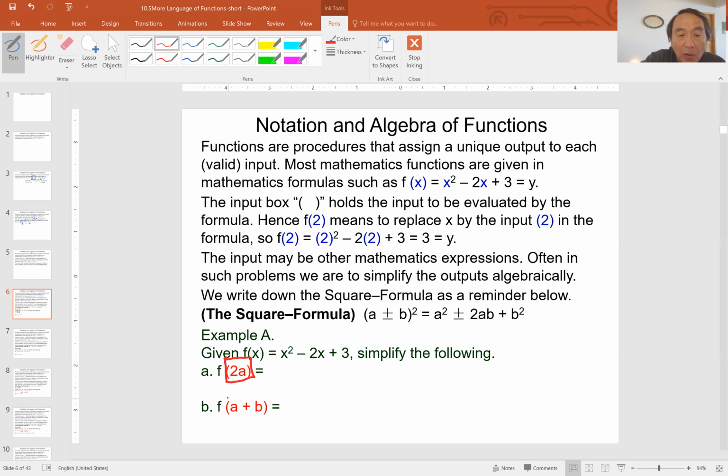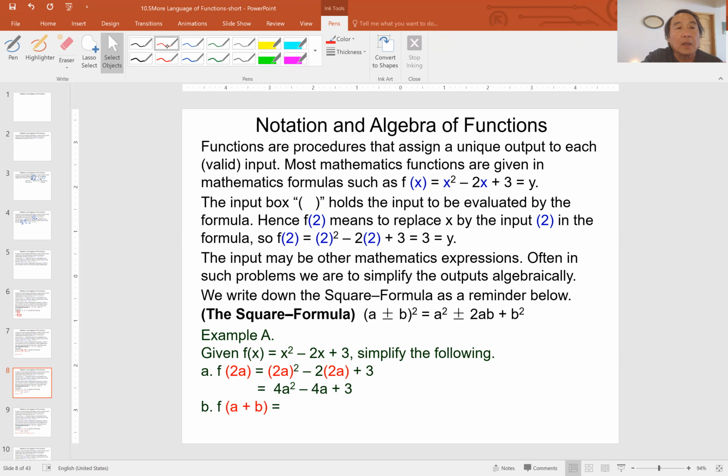So for f of 2a, we replace x, which marks the position to be inputted, with 2a, and then simplify, just clean it up a little bit. A lot of times in your process, this is a step we need to carry out, because whatever result comes out, we're going to use it for something else. This is as far as we can go.